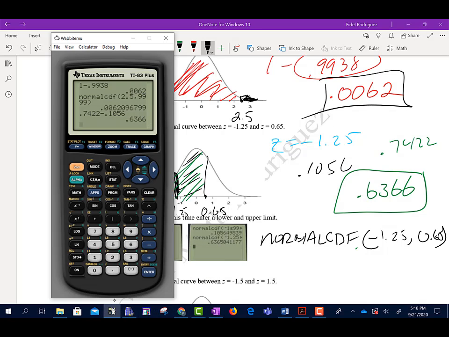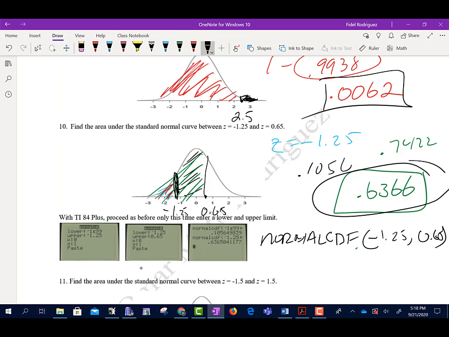Second vars, normal CDF, negative 1.25, comma, 0.65, comma, enter. 0.6365, and we're pretty darn close, aren't we?